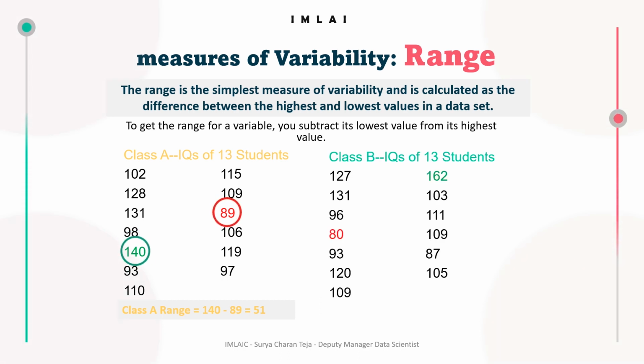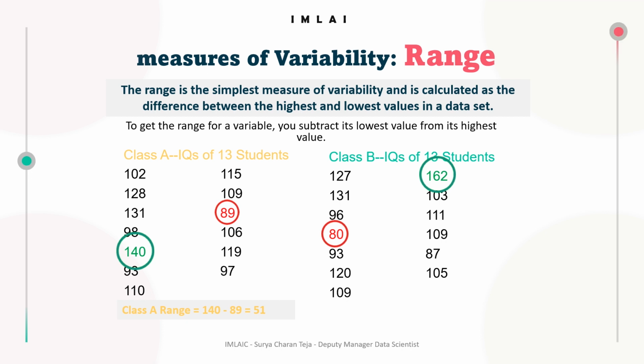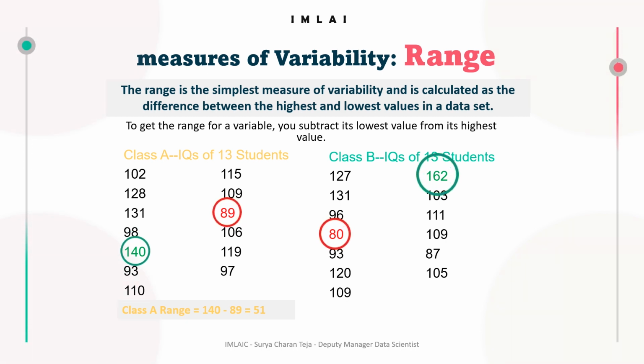Similarly, for class B, again we have 13 students, and one student has the lowest IQ, that is 80, and the student with the highest IQ has 162. Now what would be the range or spread of this data?